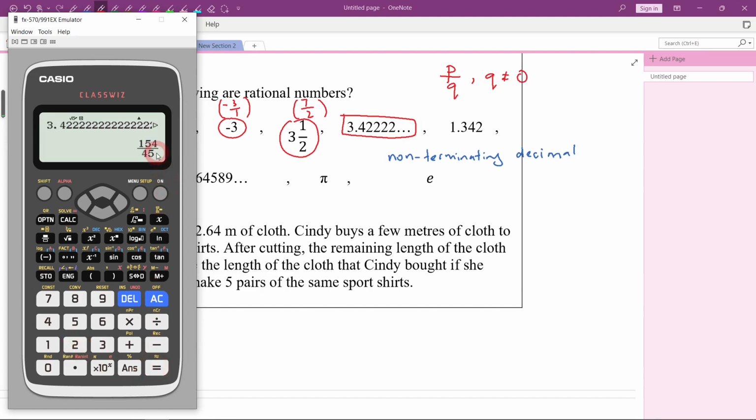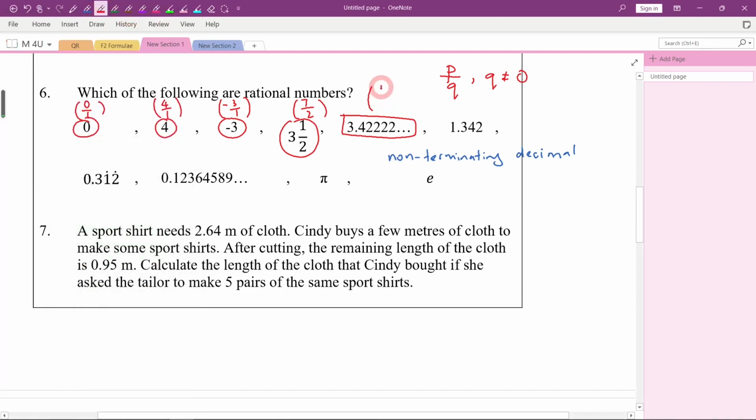Your calculator will automatically help you to change this recurring decimal to a fraction: 154 over 45. It can be written in a fraction form. Therefore, this is a rational number.